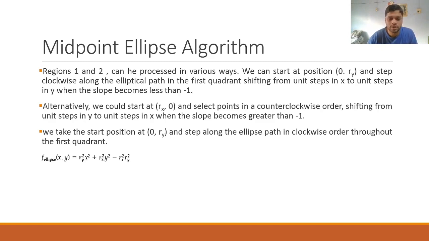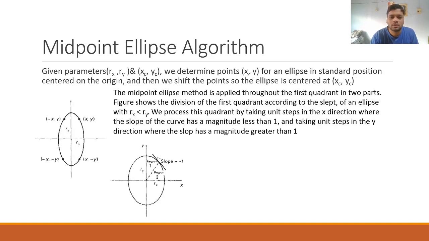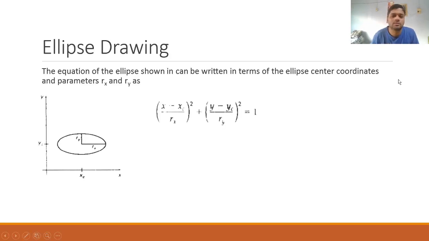So the function of ellipse in x comma y is given as ry square x square plus rx square y square minus rx square ry square. We are rewriting this function from this equation.